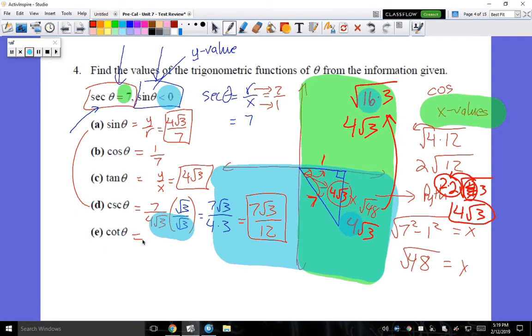So I'm realizing right now that I'm overlooking this right here. And a lot of you may do this on the test. I'm overlooking the fact that my y value is actually a negative.